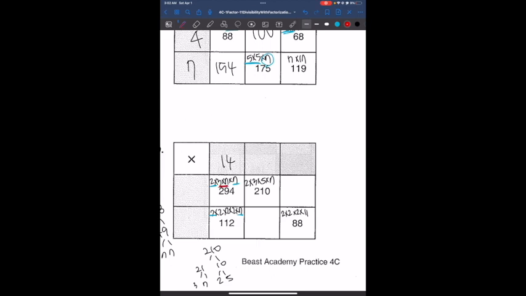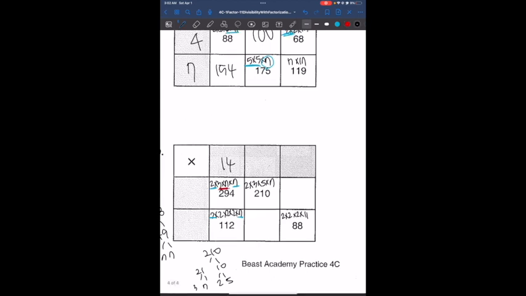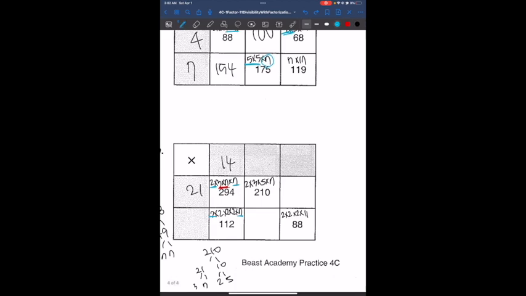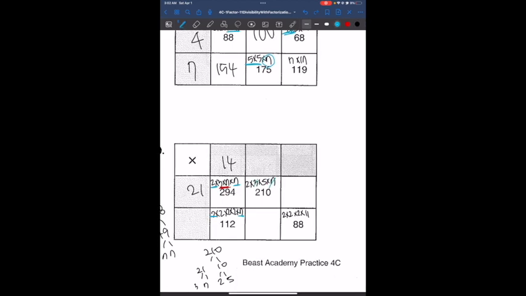So the remaining 3 times 7, which is 21, is going to go in this square. Then we know that 21 times this square must equal to 210, and 21 is 7 times 3. So the remaining 2 times 5, which is 10, is going to go in this square.